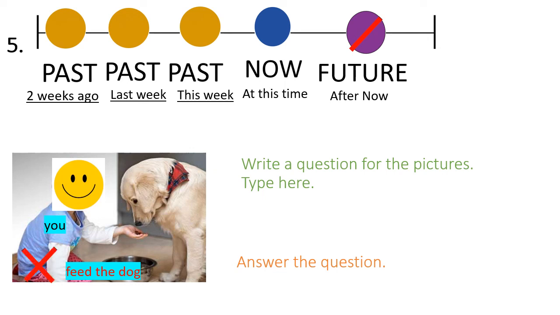And then finally, how do you answer the question if the answer is no for this picture? Okay, and notice again, this is you. So we're asking a question about you.